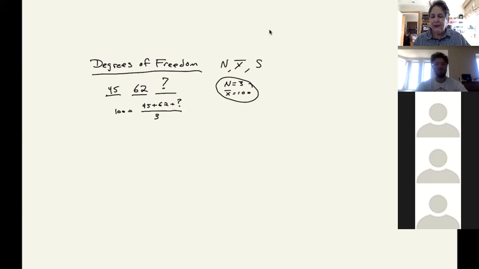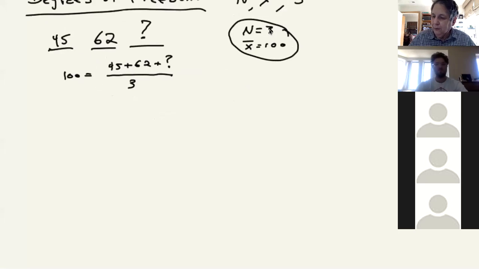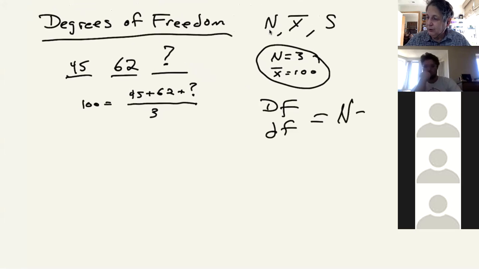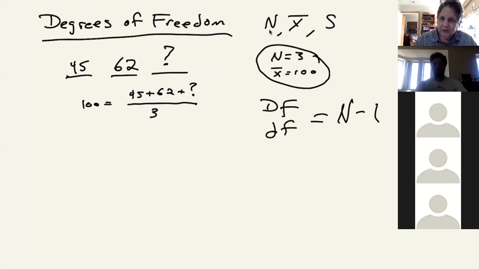I just said the answer out loud. Thank you, Elijah. Okay, so basically degrees of freedom, when we have these restrictions, sometimes written small letters, df, equals n minus 1. Whenever we have the restriction that we know n and we know the mean, the degrees of freedom is always going to be n minus 1 for one group. Okay, that's a concept, degrees of freedom.